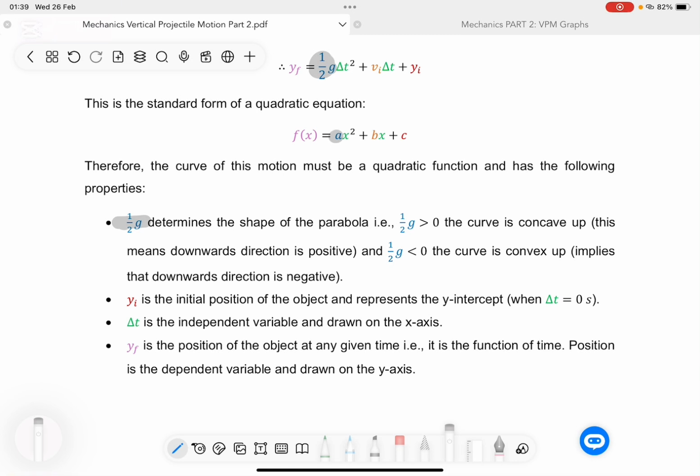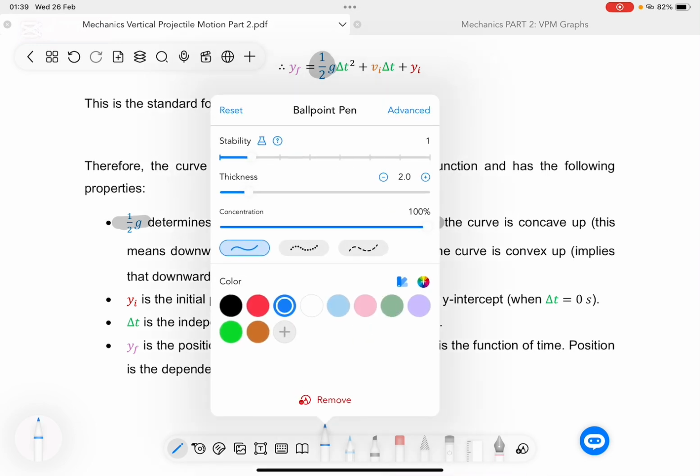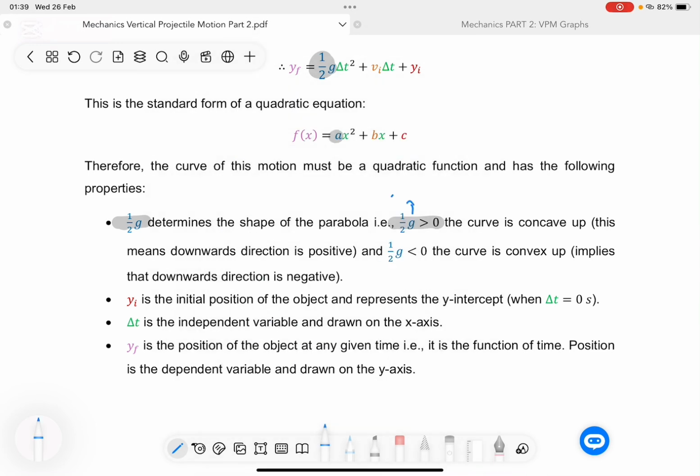For instance, if our 1/2 g is greater than 0, meaning it is positive, then our curve or our parabola should be concave up.